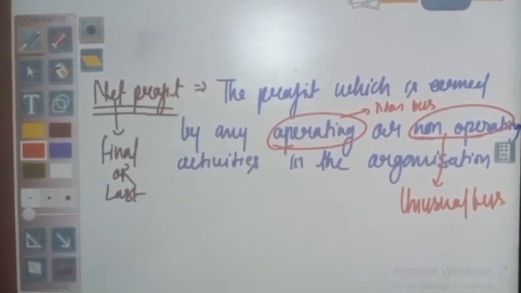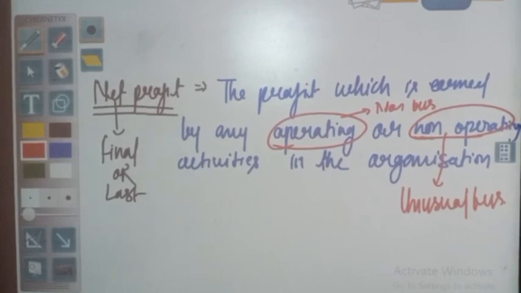As we can say, the net profit is arrived at by deducting operating as well as non-operating expenses from the gross profit. Expenses which are incidental or indirect to the main operation of the business are called non-operating expenses here. For example, interest on loan, charity, donation, loss on sales, extraordinary losses; these are non-operating activities and non-operating expenses.